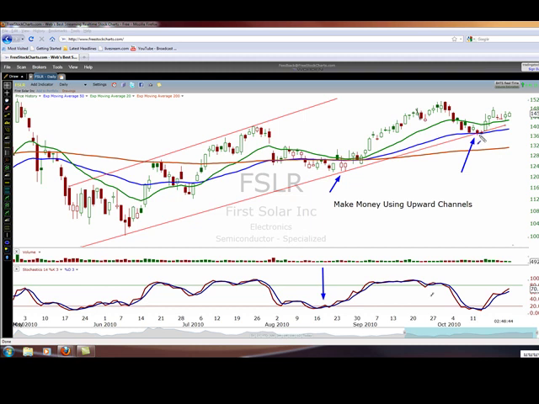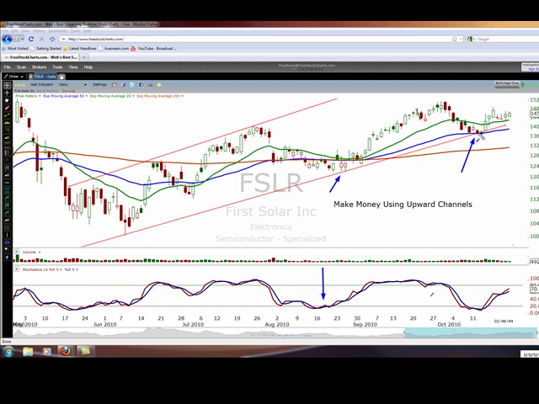The interesting thing about this particular buy point is not only do we have a stock that has tagged the trend line 3 times within the channel, but this channel also crosses the 50-day moving average. You see this cross right here.